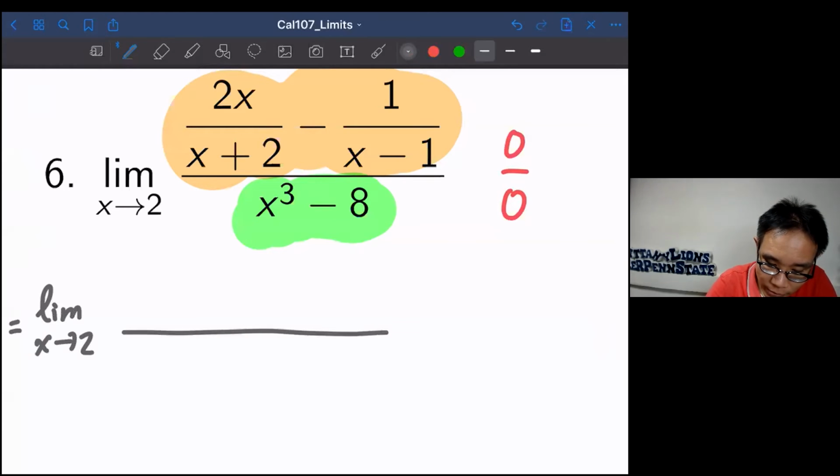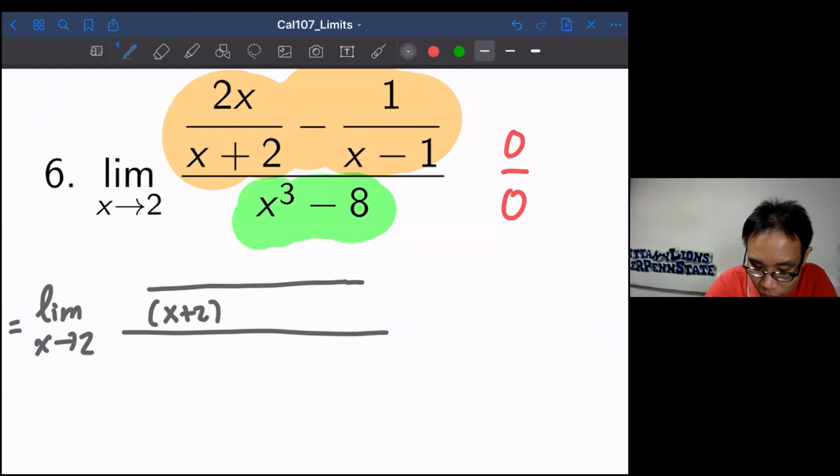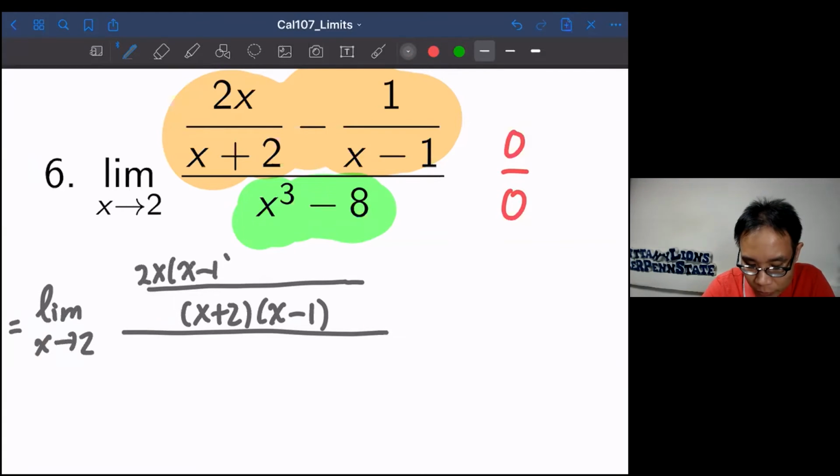You have to find the common denominator here, so it's going to be x plus 2, x minus 1. And you get 2x multiplied by x minus 1, minus x plus 2.